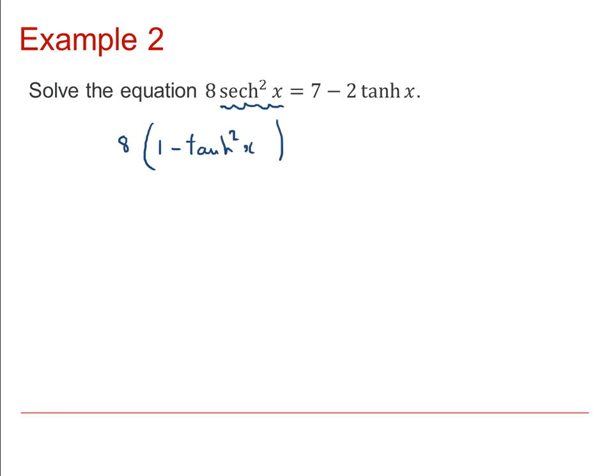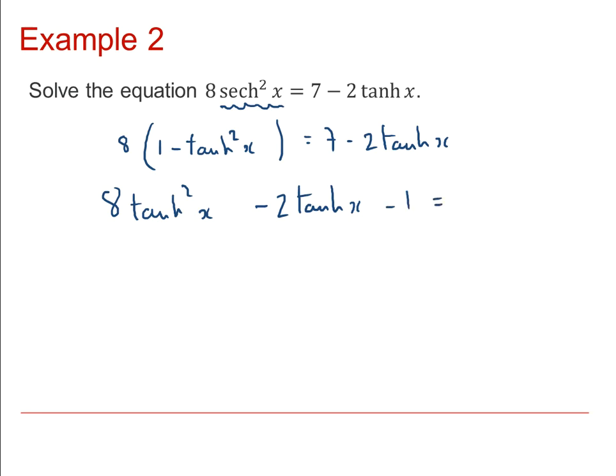So that must be equal to 7 minus 2 tanh x. Rearranging that as a quadratic gives us 8 tanh squared x minus 2 tanh x minus 1 is equal to 0.